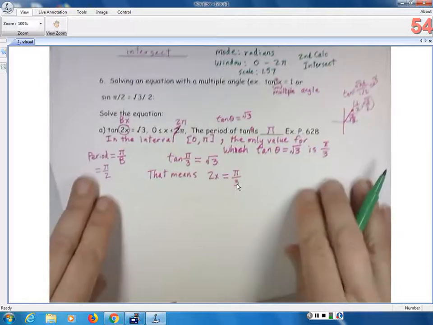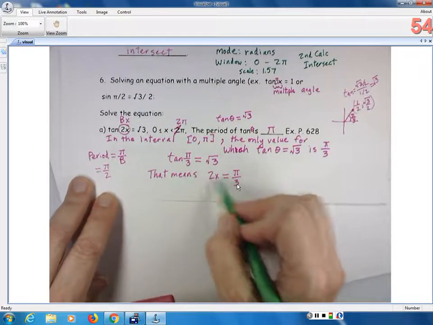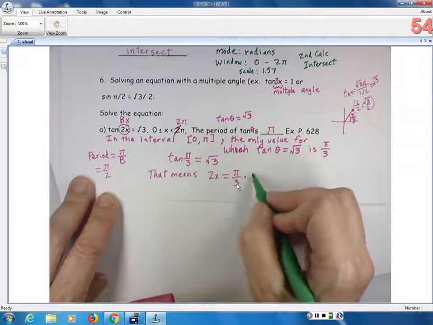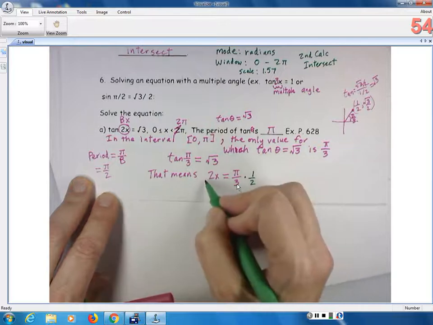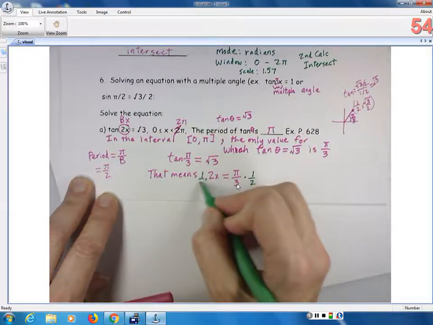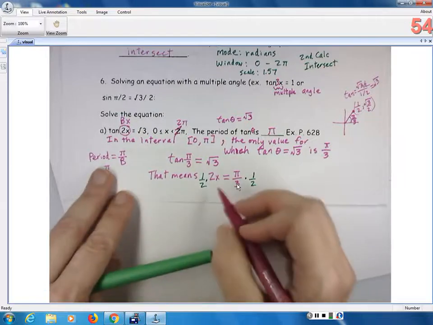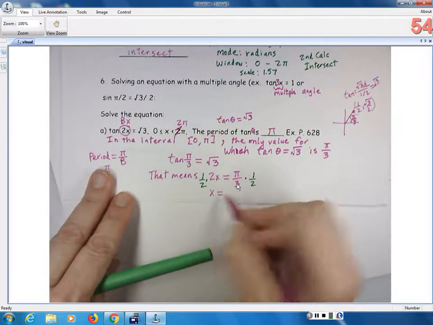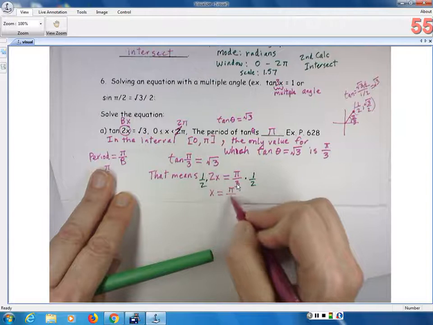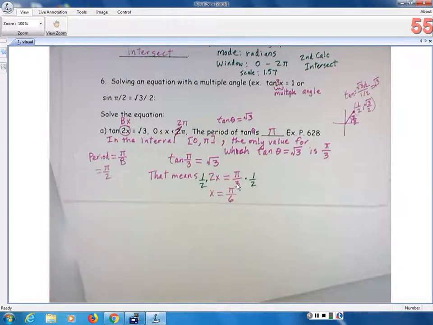We divide by 2, or multiply by a half, and we get x equals pi over 6. Kind of makes sense, okay?